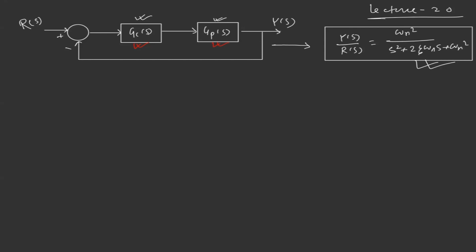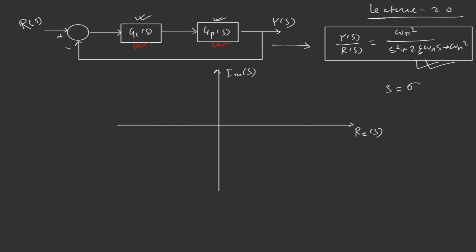Let me draw the S plane. This is the real of S, and this is the imaginary of S. Basically, we can write S as sigma plus j omega. So sigma is the real part, and this is the imaginary part, which moves along the imaginary axis.